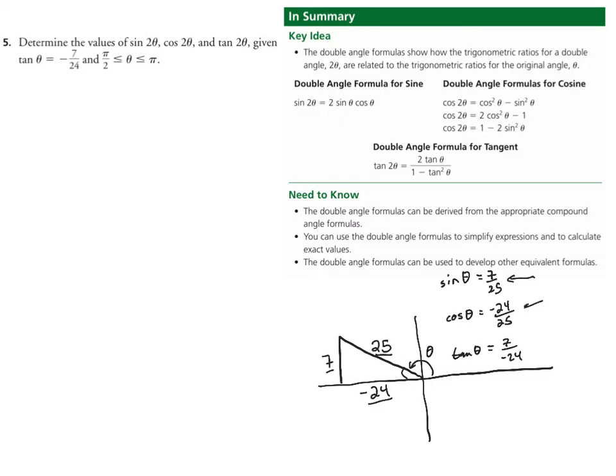This is positive, negative, negative, and that makes sense because sine is positive since it's above the x-axis, cos is negative because it's to the left of the y-axis, and tan is negative because the slope is negative. Okay. Now we want to know sine of 2 theta. Now 2 theta, by the way, is going to be some angle probably in this region.